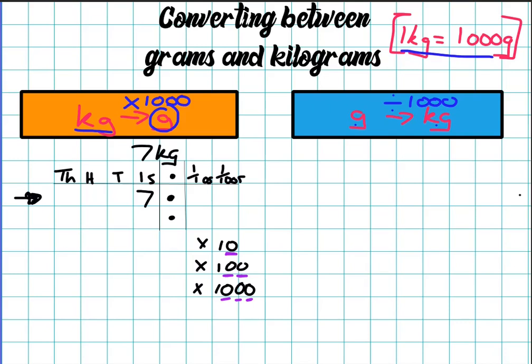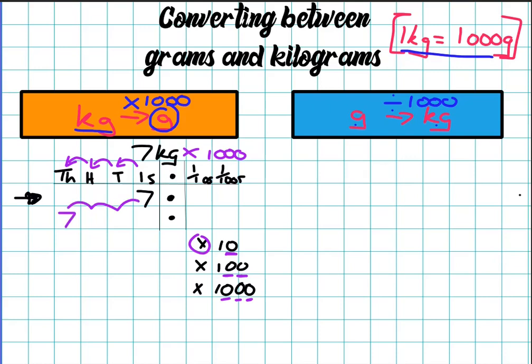Always moving to the left when we're multiplying, because the numbers are getting bigger, and numbers get bigger going to the left on the place value grid. Ones, tens, hundreds, thousands. So looking back at our example then, 7 kilograms into grams, 7 multiplied by 1000 is going to equal 3 jumps along, so 1, 2, 3, 7,000.